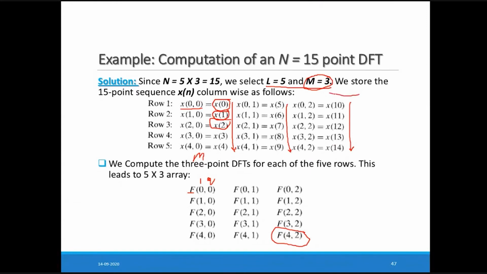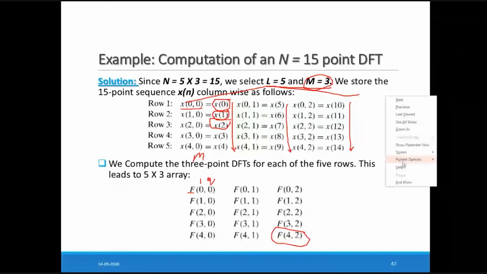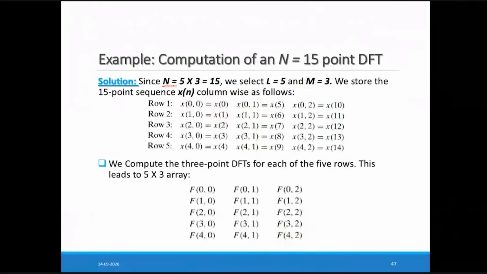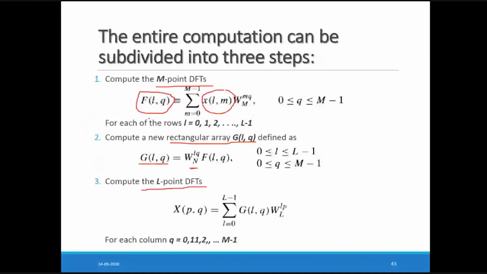So total 15 points you are getting. Just a second. Here n is equal to 5 cross 3, L is equal to 5 and m is equal to 3. So whatever x of n is given to you, you represent this into the x of L comma m. Okay.